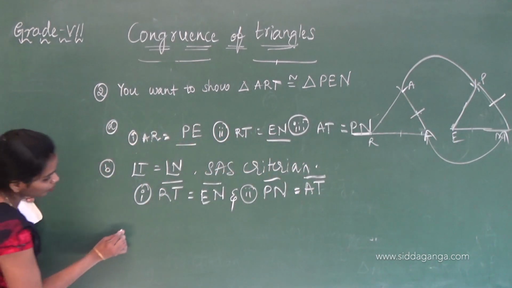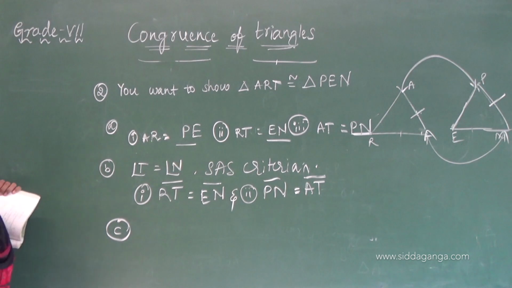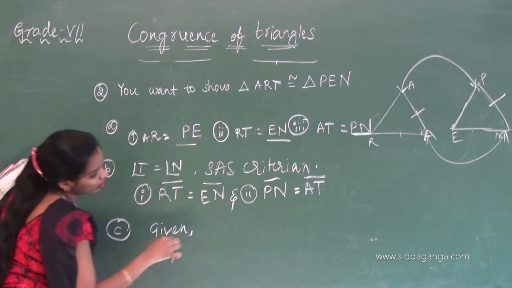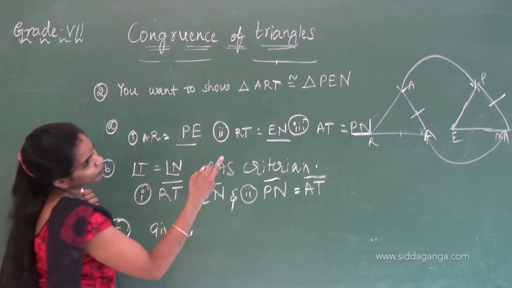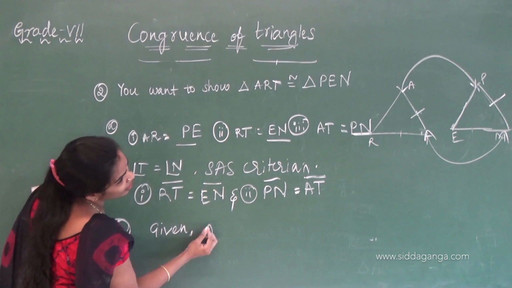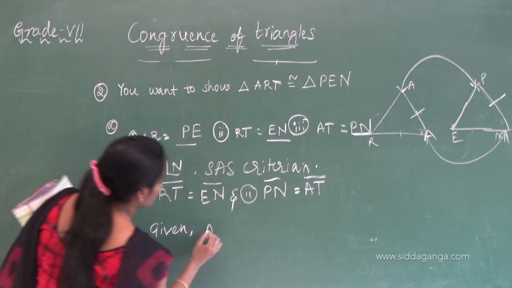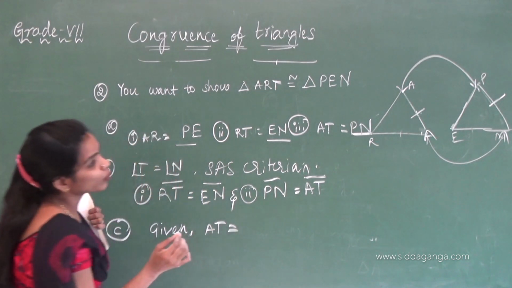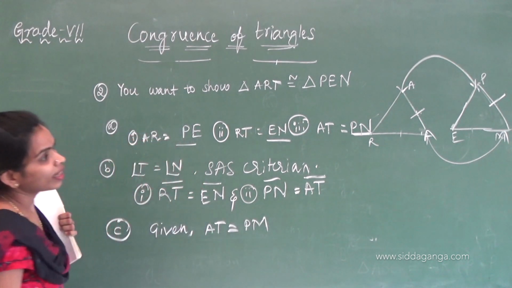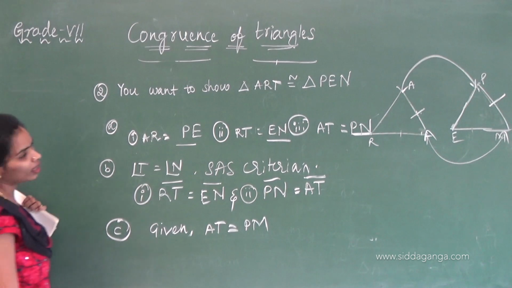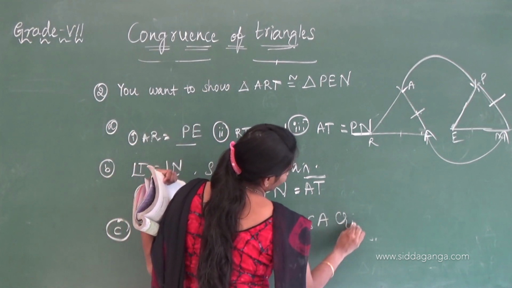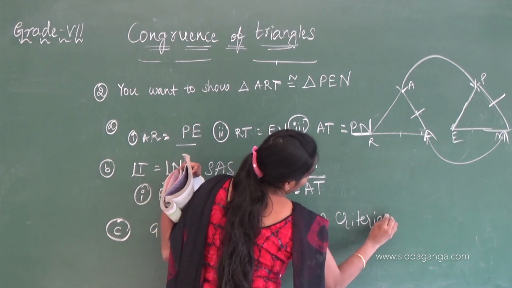Since AT is equaling PN, by using ASA criteria they are congruent.